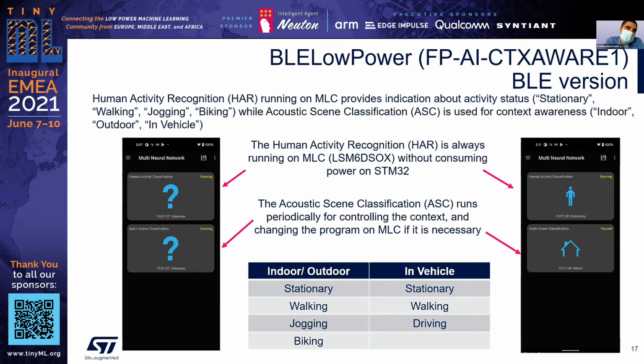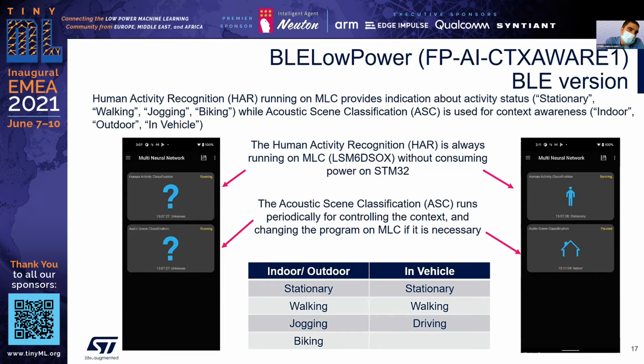In this case, as you can see, for the audio scene classification, we can have three different output states: indoor, outdoor, and in vehicle. Instead, for the human activity recognition, we can load on the LSM6DSOX two different bytecodes. The first bytecode is needed for the indoor and outdoor use cases.